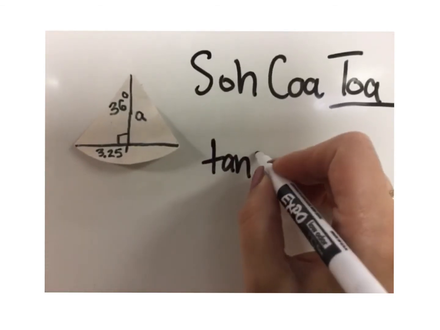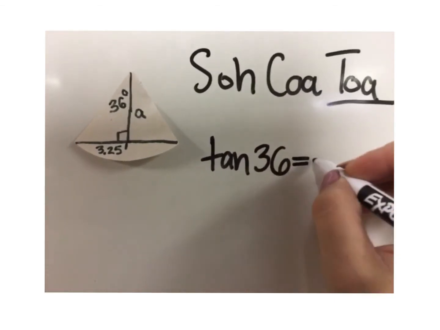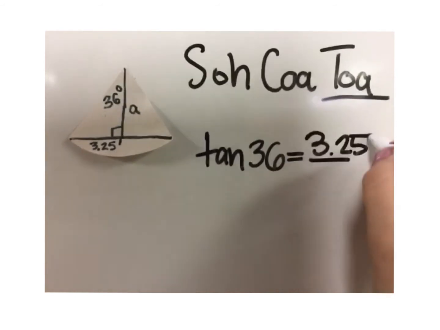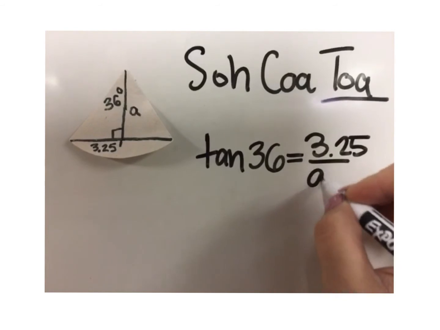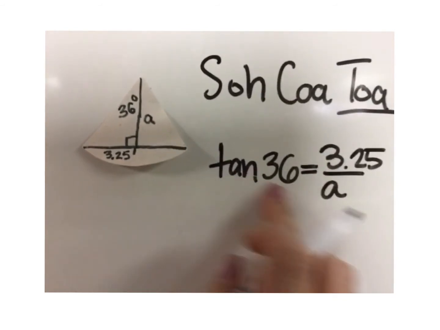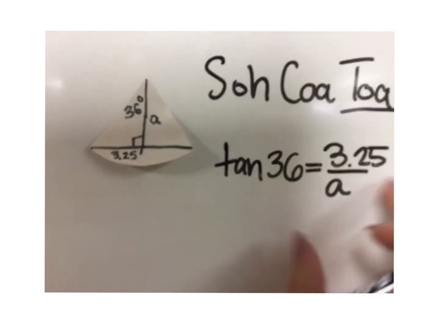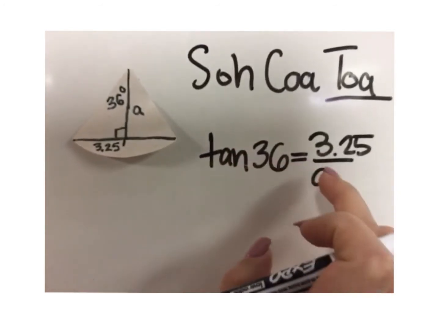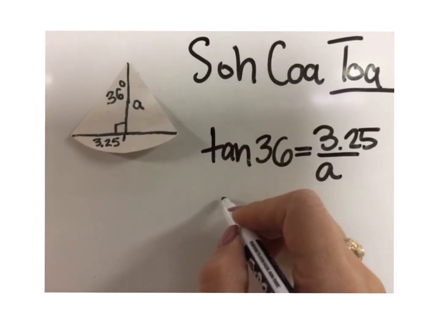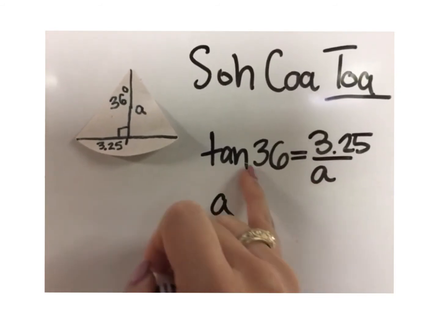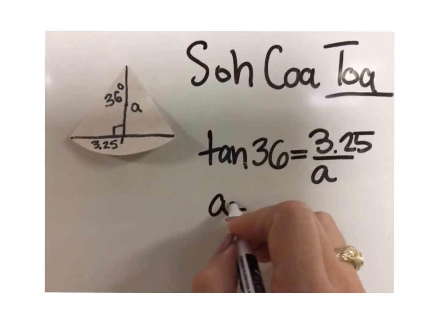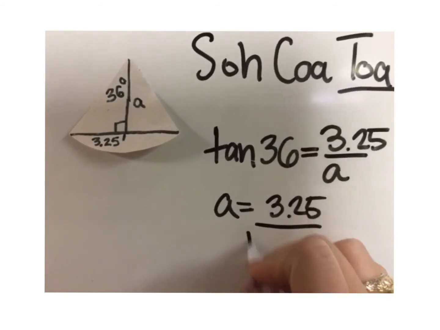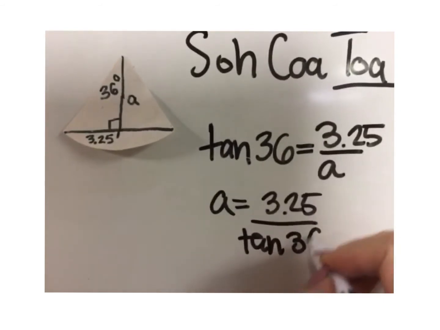So tangent of 36 degrees is going to be opposite over adjacent, which is my apothem. And then with algebra, when you manipulate this, we cross multiply, and we're really just swapping out this denominator with this numerator. So our apothem is going to be 3.25 divided by tangent of 36.